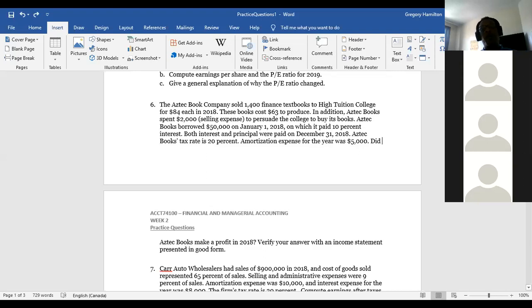Then if we produce the balance sheet for December 31st, we would have shown that the liabilities, or the debt, decreased by 50,000. But we didn't produce a balance sheet, so it didn't become relevant to the question. The only relevance of it was that it helps us to calculate what the interest is.